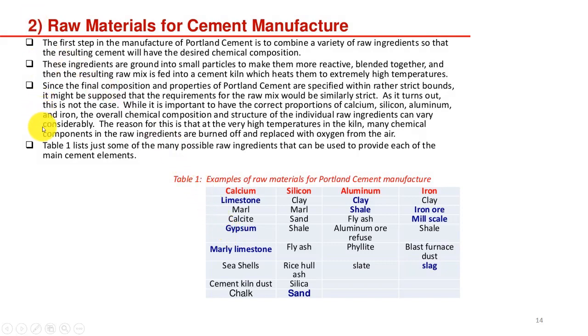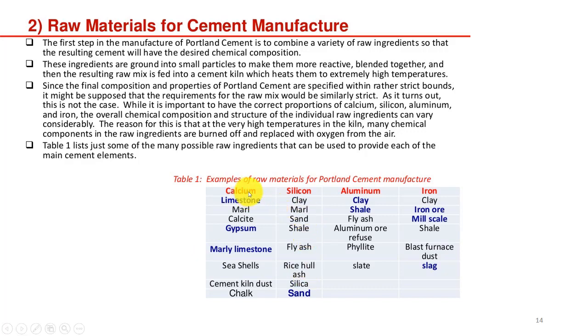These are the origin of the raw materials that we use in cement production. Basically, the four main constituents that I have explained in the previous slide: the calcium, the silica, the alumina, the iron.